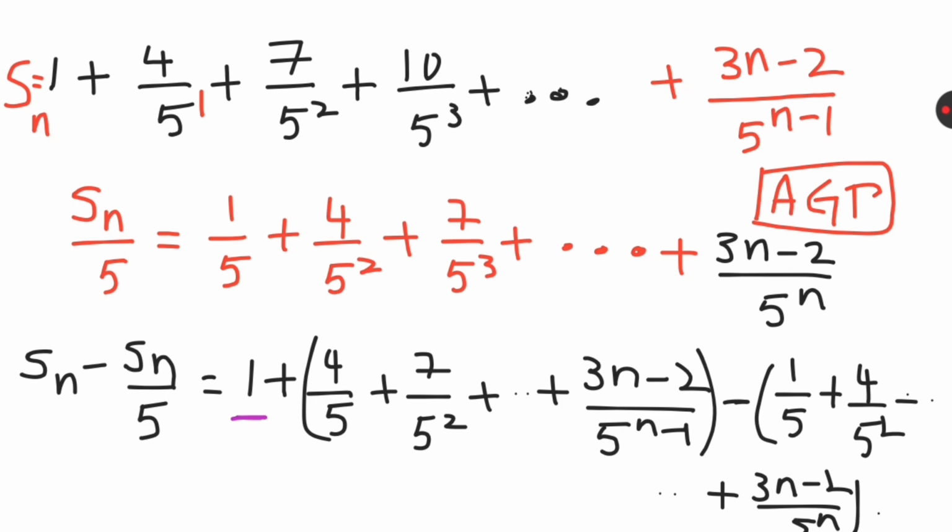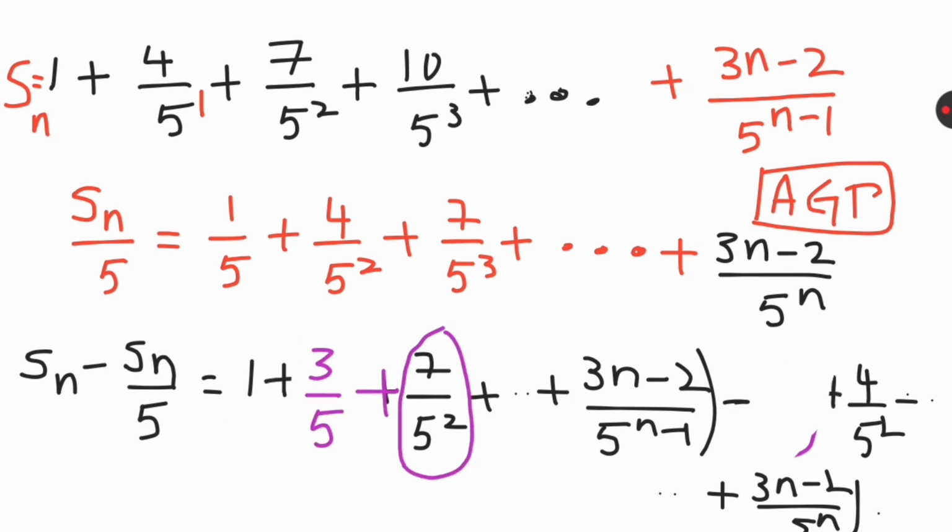Here we have 1, plus here we have 4 over 5, and here we have 1 over 5. So these two become 4 over 5 minus 1 over 5, which gives 3 over 5. Plus, here we have 7 over 5 power 2 and here we have 4 over 5 power 2. So here we have a minus, that's why 7 over 5 power 2 minus 4 over 5 power 2, which gives 3 over 5 power 2.